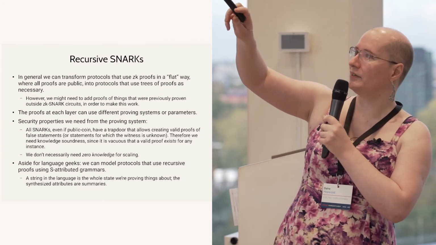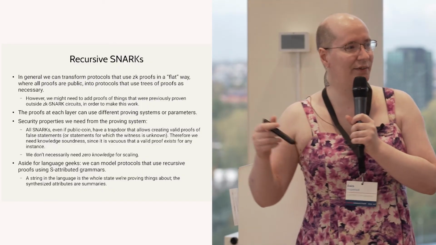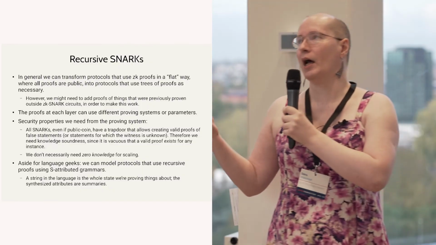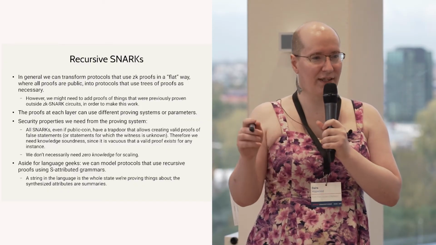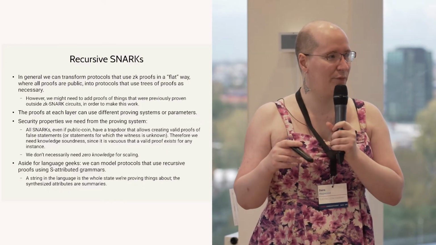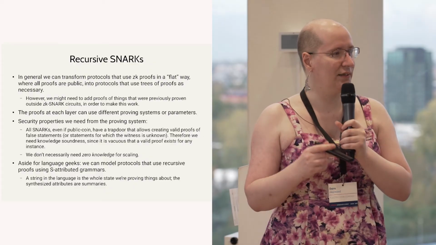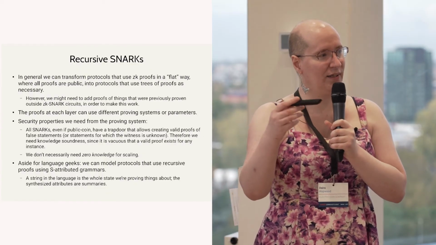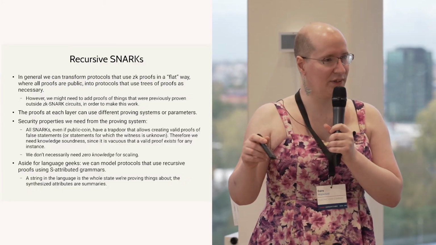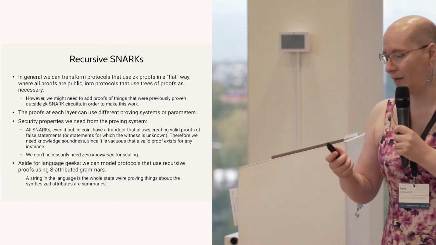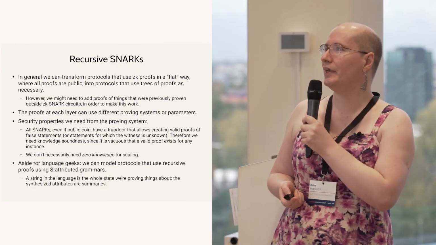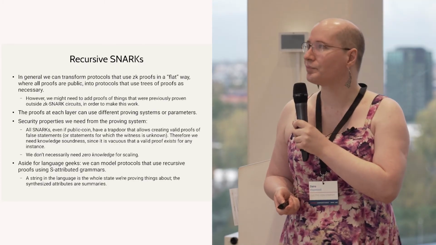But we're going to have to add proofs that weren't necessarily necessary in the input protocol. So a lot of the things that we would previously have proven outside the circuit are going to have to move inside the circuit in order to be able to prove everything we want to at the top level. So that's going to add some overhead, but it turns out to be acceptable overhead.